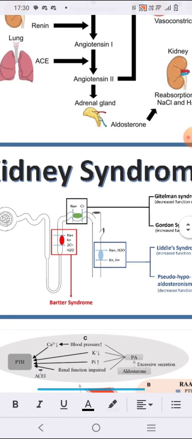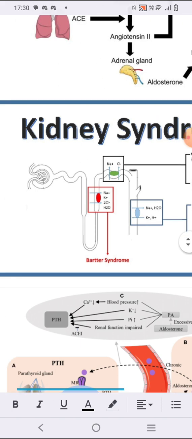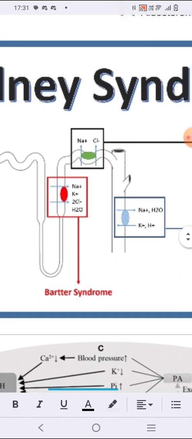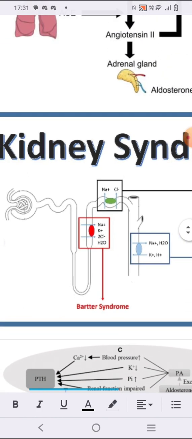But all these diuretics, including acetazolamide, which acts on the proximal convoluted tubule, right, loop diuretic furosemide on the loop of Henle, and thiazide on the distal convoluted tubule, all of these diuretics decrease potassium levels.